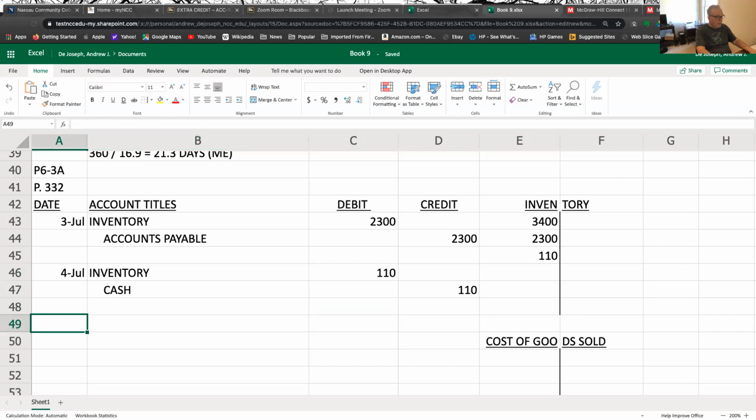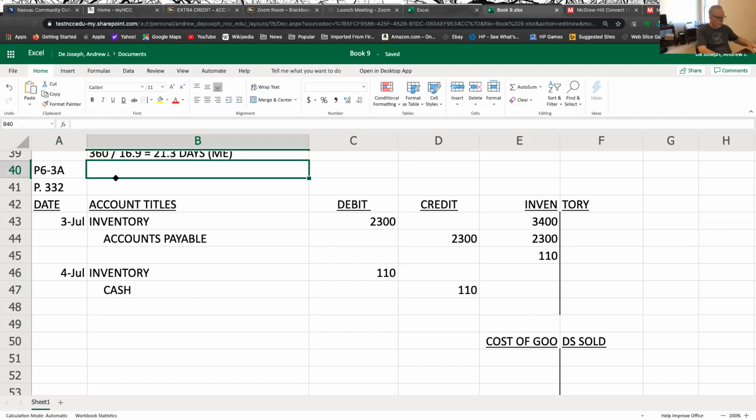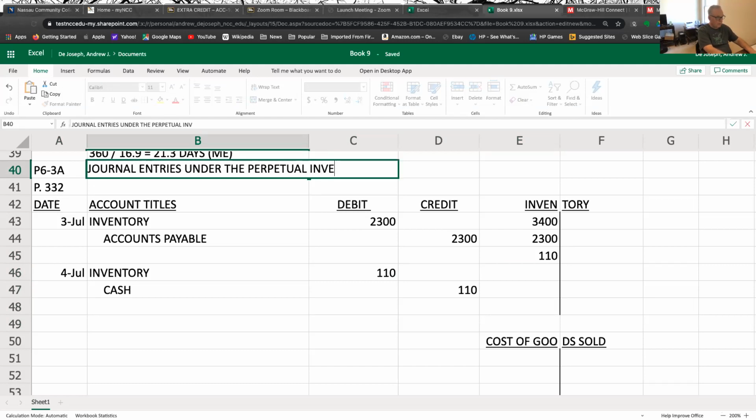So freight becomes part of the cost of the inventory under this perpetual method, right? And I'm going to make a little note here that we're doing the journal entries under the perpetual inventory method.